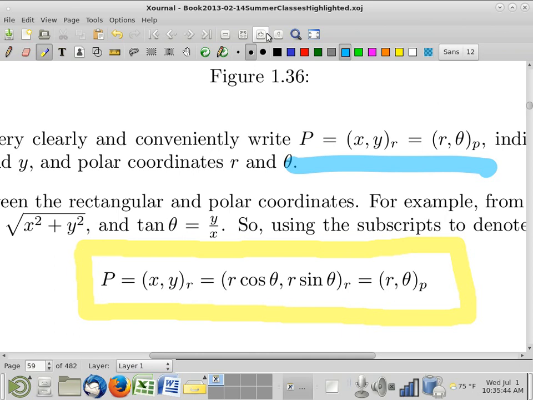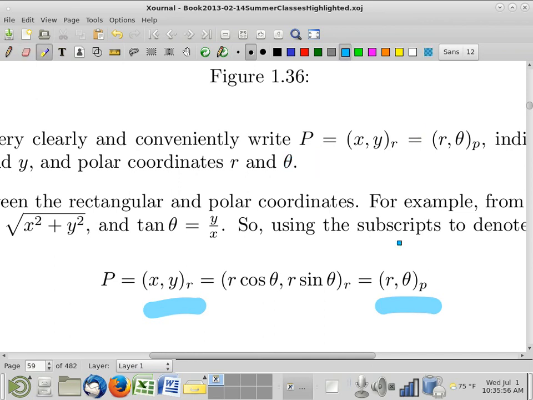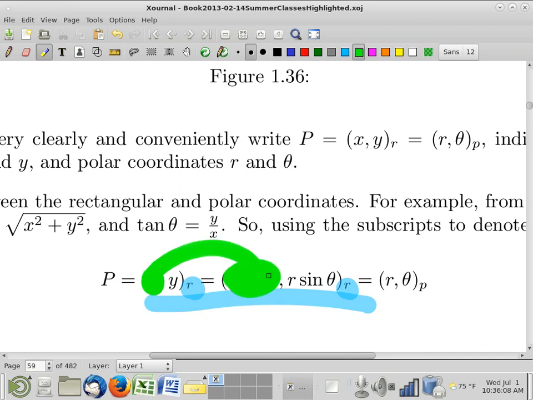So now I'm going to use that notation to describe some of the relationships between the rectangular coordinates and the polar coordinates of a point. Specifically, I'm going to relate them by writing down the relationship directly. These are rectangular coordinates here, so that's x, and that's y. Notice both of these are in rectangular coordinates because it says r subscript on both of them.